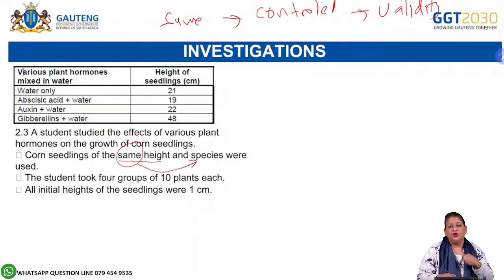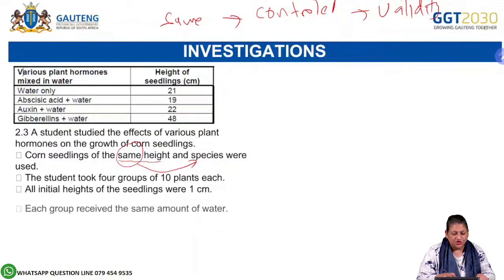Now you don't know if the auxins caused the difference in height or was the plant already tall. So therefore, at the beginning, all the plants must be the same so that you can make a conclusion whether it was the factor that you're testing that caused the height of the plant to increase or was the plant already tall.